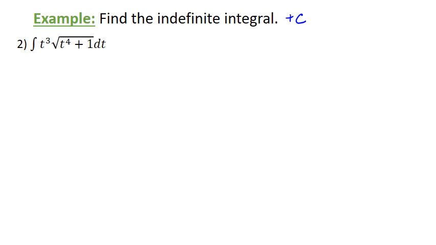And it's important to know that if I have a product, which I do, I can't just take the integral of t cubed and then multiply it by the integral of whatever else is remaining. There's not a rule for integrating products like this. So instead, I should recognize that I will want to use a u substitution here.